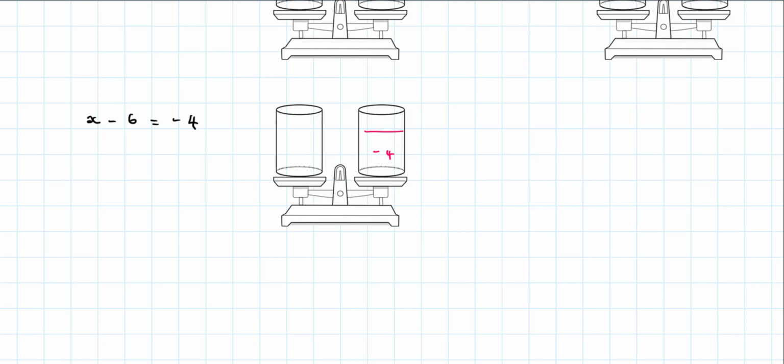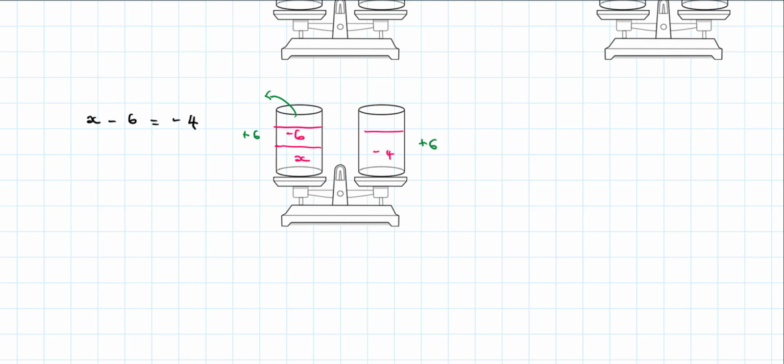On the right-hand side, I have x. We always put our x first, and then we're taking away 6. That's what goes in second. Now, because negative 6 is on top, I need to undo that. I need to remove it so that I'm left with just the x. So to do the removal of negative 6, I need to add 6.